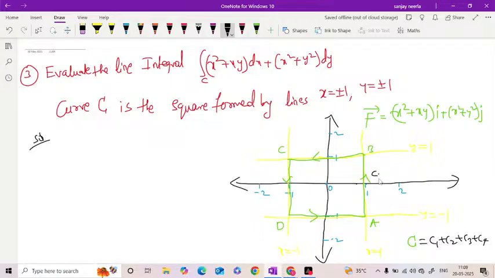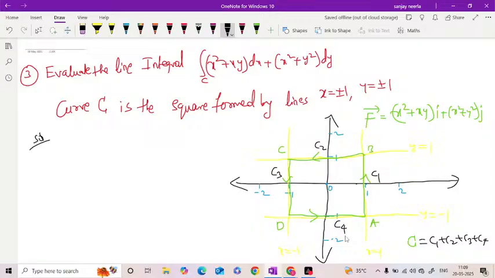Assume from A to B is the C1 curve, B to C is the C2 curve, C to D is the C3 curve, and D to A is the C4 curve. Observe, in the previous problem they gave only one curve, so there was no need to split.